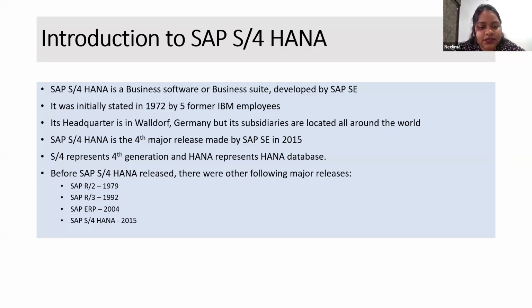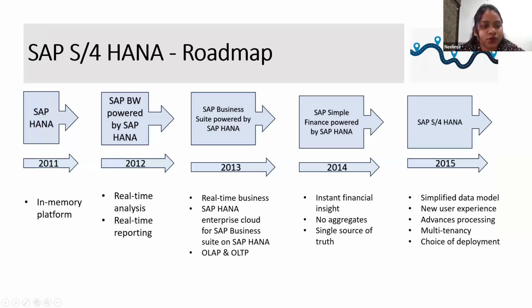SAP S/4HANA is designed to provide real-time processing, simplified data models, and faster decision making for modern enterprises. That's what these points give you: a clear understanding of how SAP S/4HANA came into the picture. If you go to the next slide, here is the roadmap.